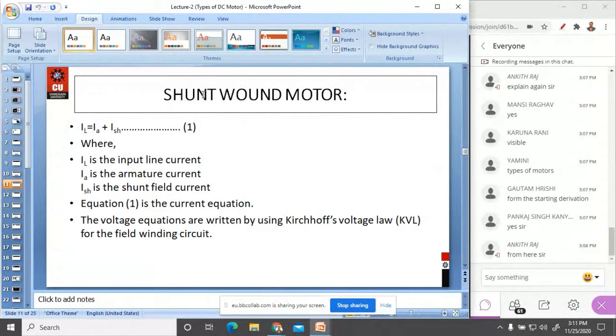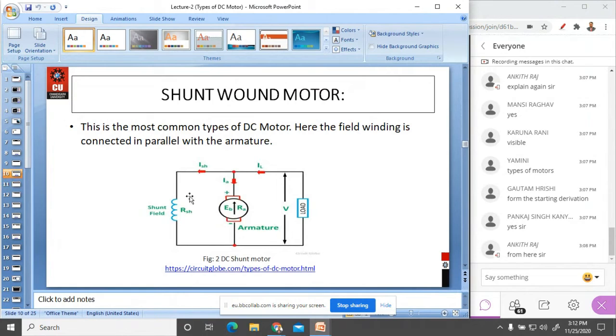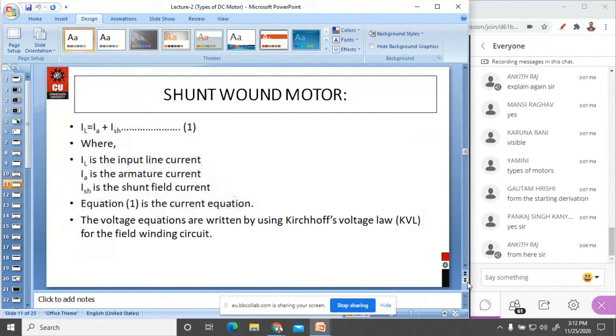So how can you find the current in this shunt wound motor? As you can see from the previous slide, the current is divided at this node. IA is the current flowing through the armature, IL is the current flowing from the load, and ISH is the current flowing through the shunt field winding.